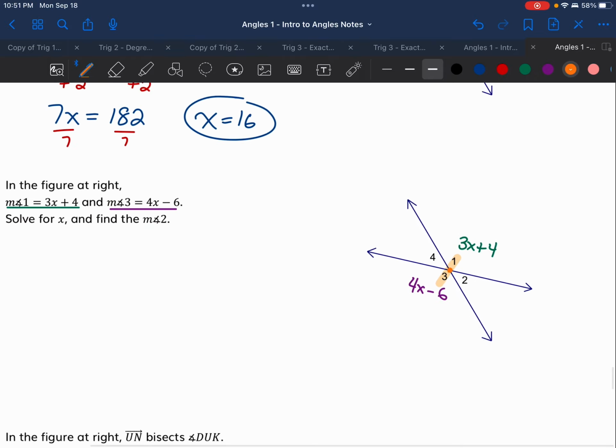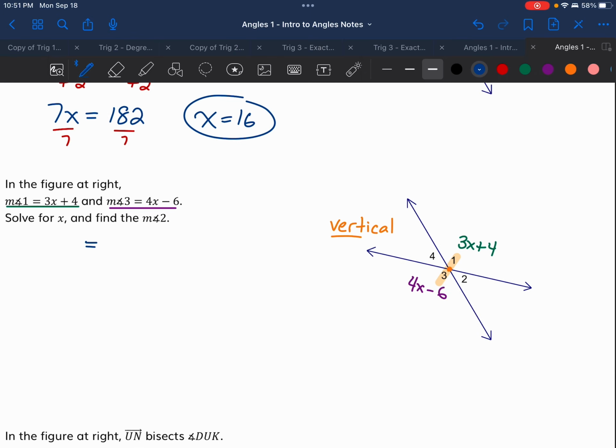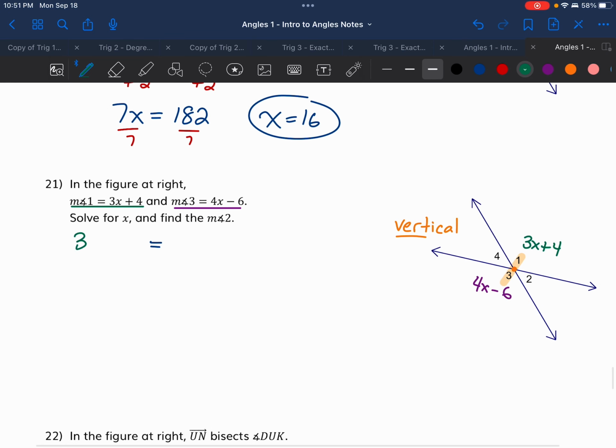And again, our word for that, even though it's not straight up and down, we talked about this, the word vertical for our vertical angles means that they share a vertex. And if that's the case, you are talking about two angles that are equal to one another. Sometimes it will be I'm given two pieces of information and those two pieces of information have to match.